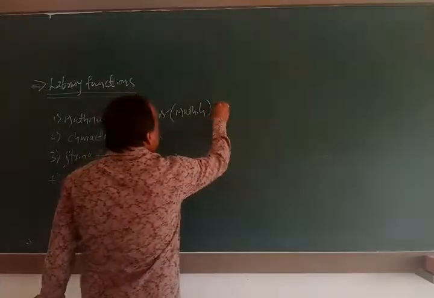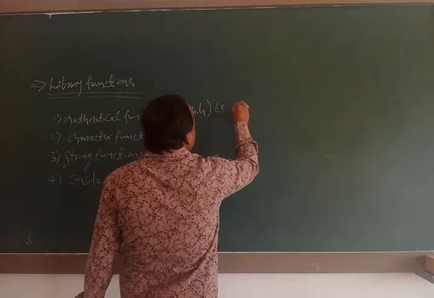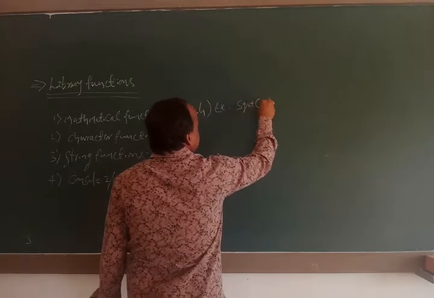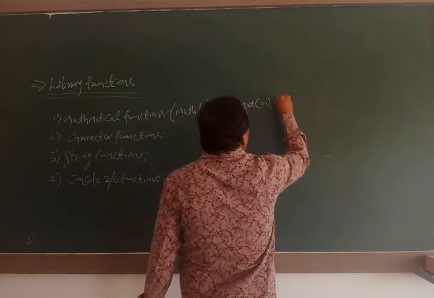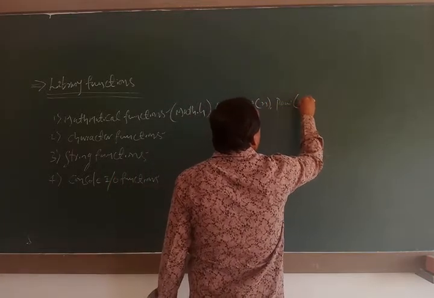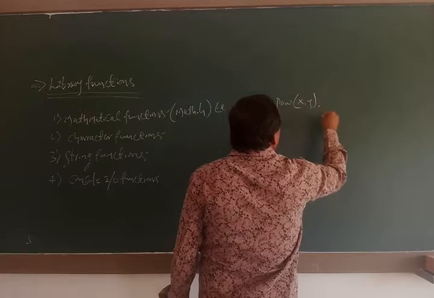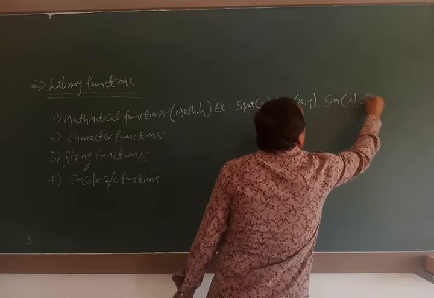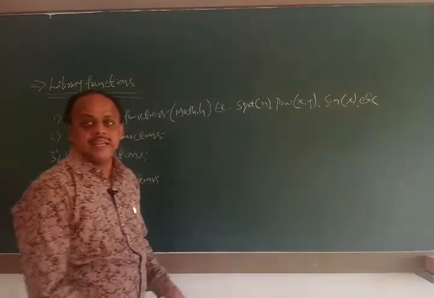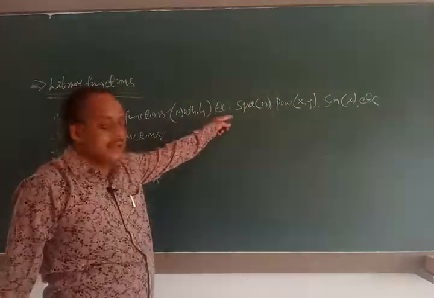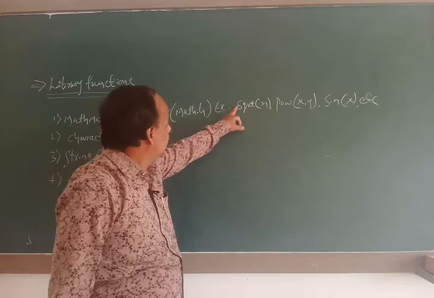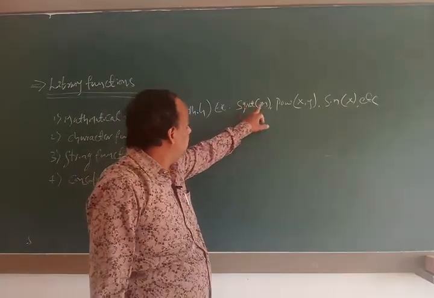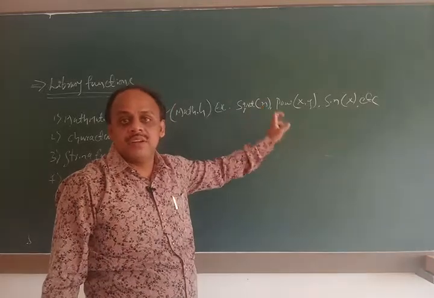For example, sqrt of n, pow of x comma y, sin of x, etc. So these are mathematical library functions. sqrt of n means whatever number we write in the brackets, its square root is displayed.